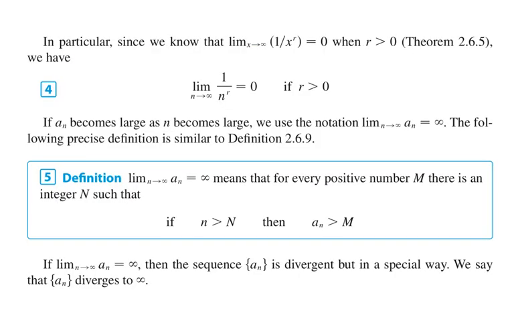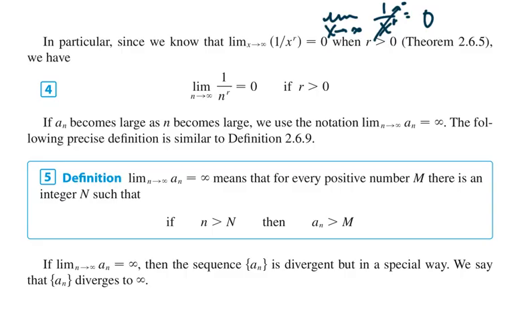So the limit as x approaches infinity of 1 over x to the r equals 0, when r is greater than 0, by theorem 2.65. But you have to remember this means 1 over infinity, and 1 over infinity approaches 0.